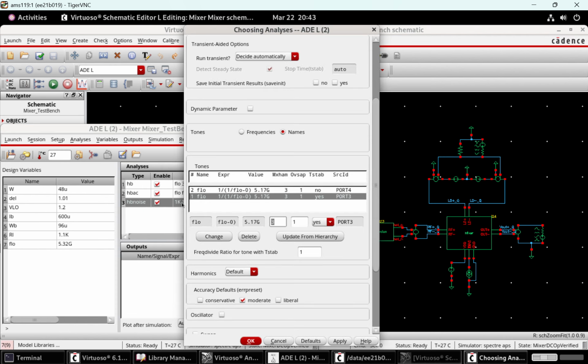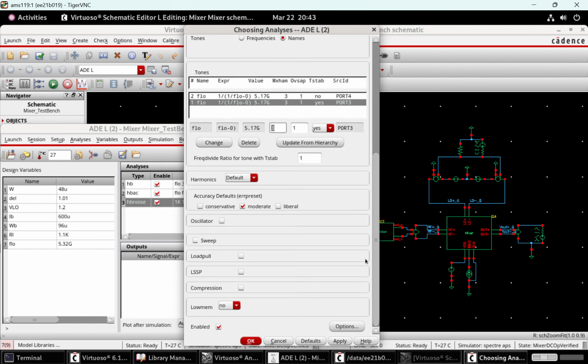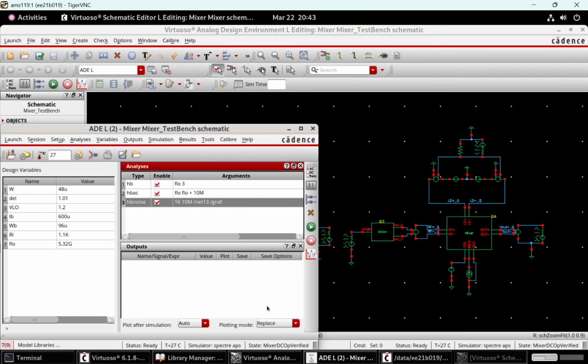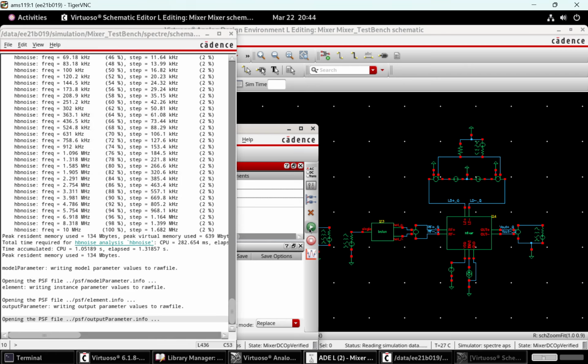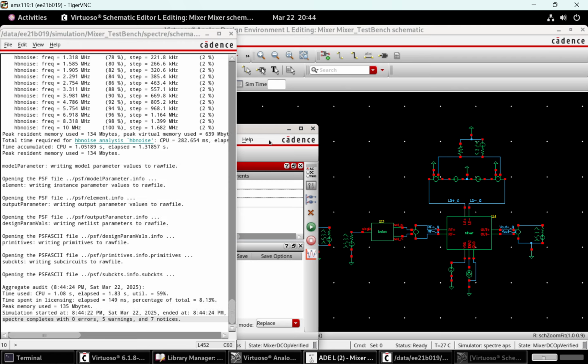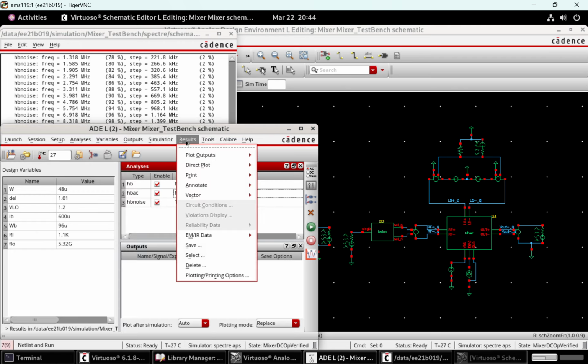And the HB noise is set in this fashion. Once the setup is done as per the help document, you can simulate the circuit and just ensure that your model file is included. Once that is done, your circuit will run.